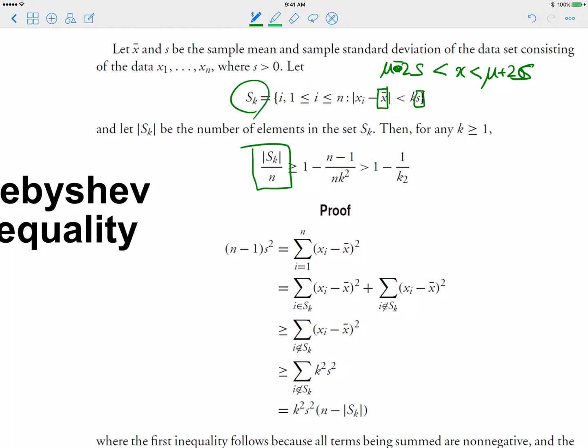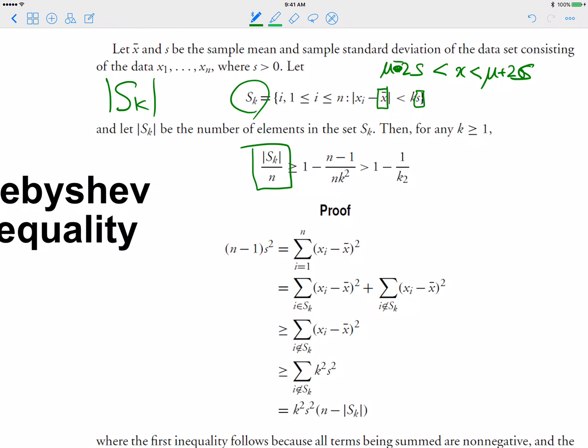SK is the set of data items falling in this range. And what is this operator? It represents the number of elements of our set.